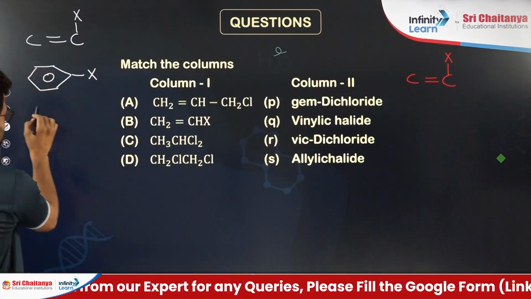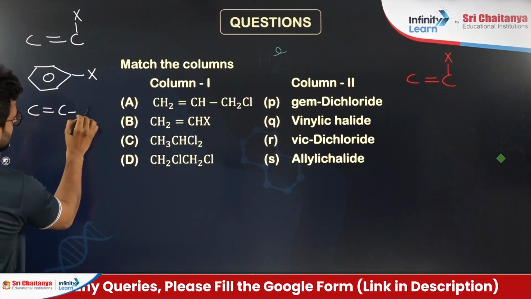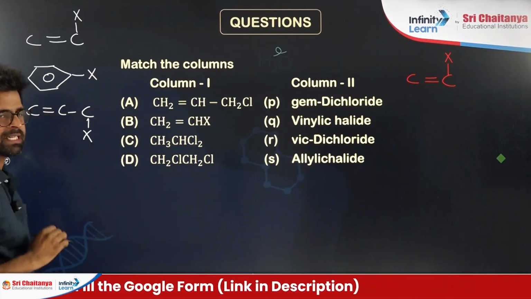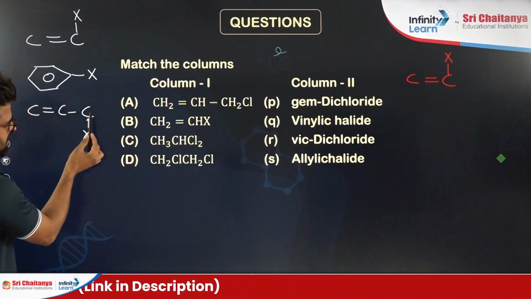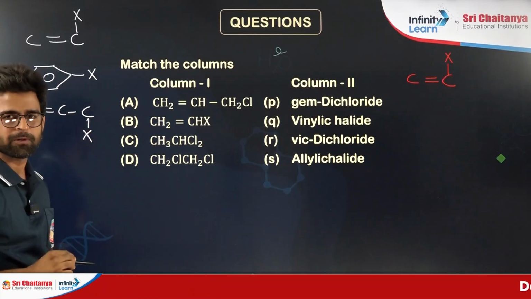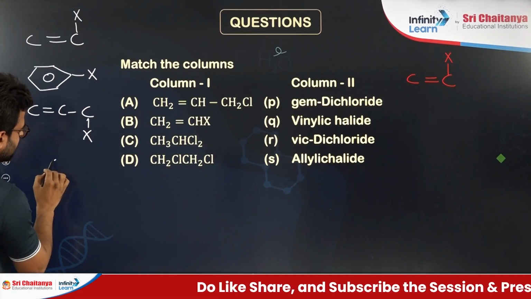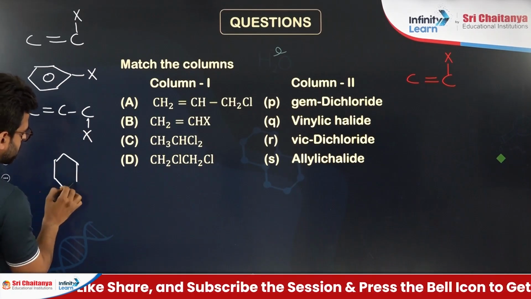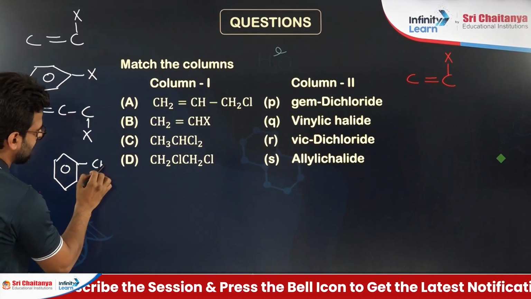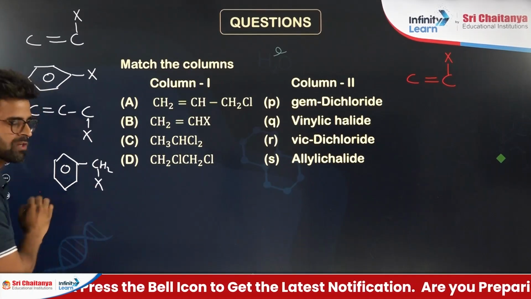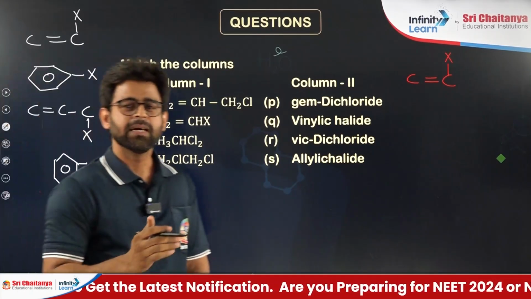And if halogen is present on the carbon which is next to the double bond, we call these allylic halides. And if we have a benzene ring and on the next carbon we have halogen, we call this benzylic halide.